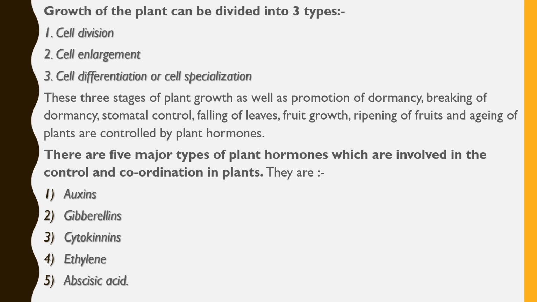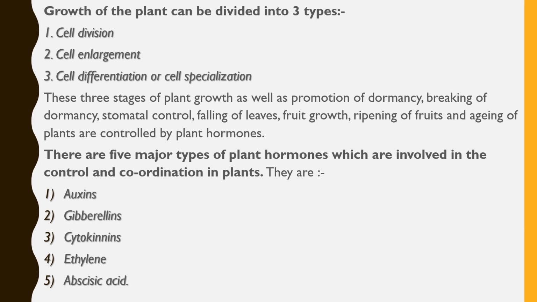For example, meristematic cells. But some cells take up specialized functions and do not divide. They are specialized cells like xylem and phloem tissues, which take up a specialized function of conduction of material in the plant body.